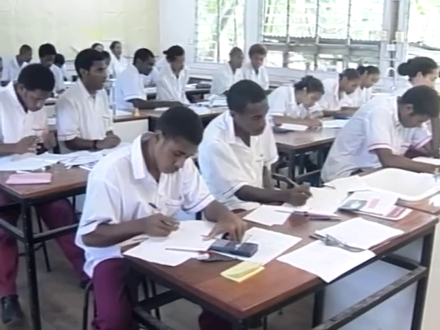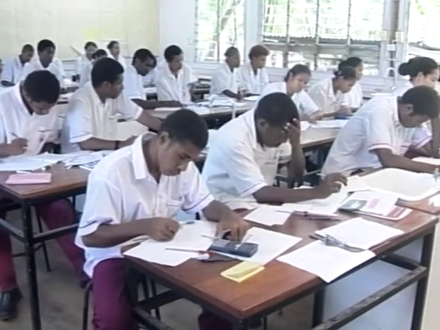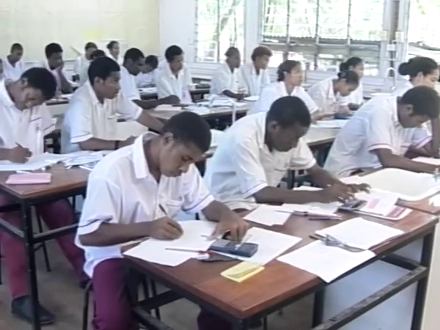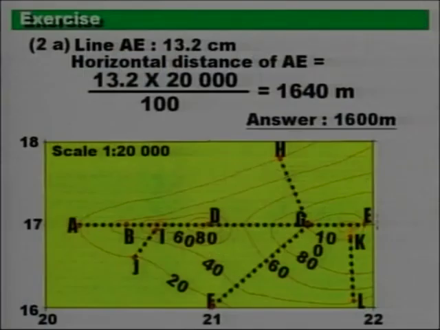Okay, we look at this time the horizontal distance, line A to E. When you measure the distance in centimeters, what did you get? 13.2. Okay, we'll use 13.2 as actually shown here. If you had 13.3, maybe I will also accept 13.3.